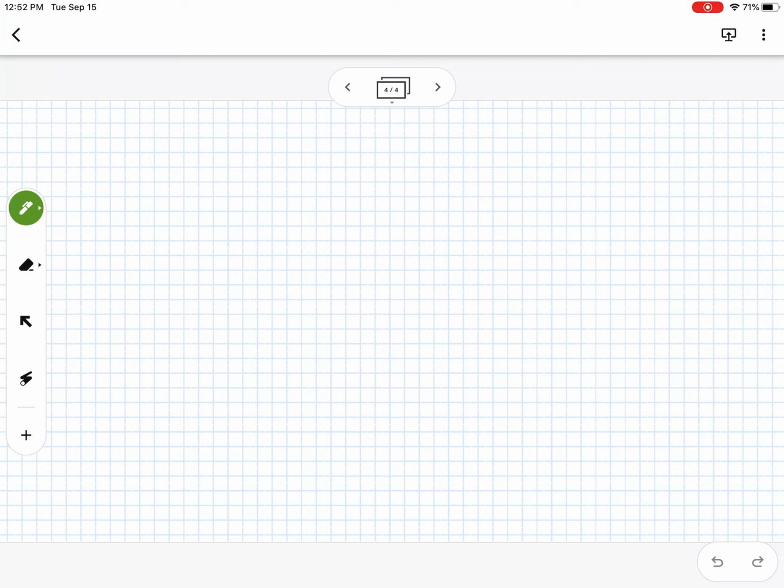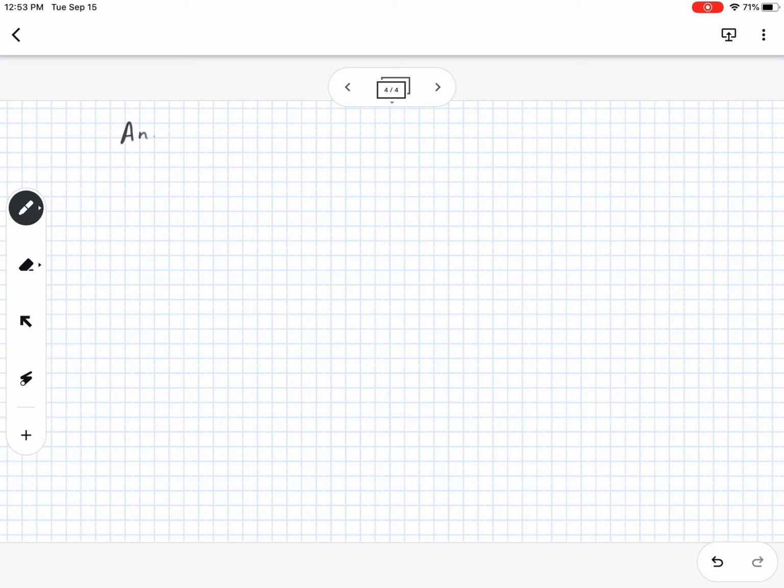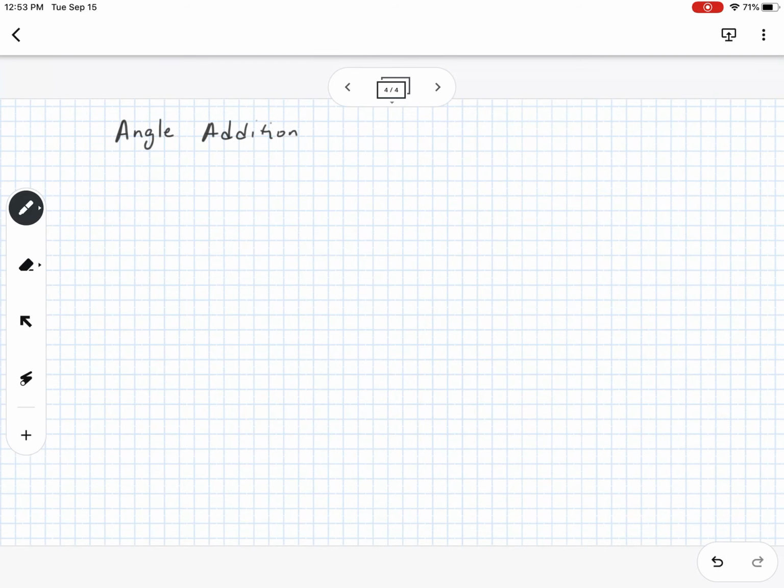All right, for our next section, I'm going to introduce to you guys something called the angle addition postulate. And so this is similar to the segment addition postulate, but instead of using line segments, we're using angles.